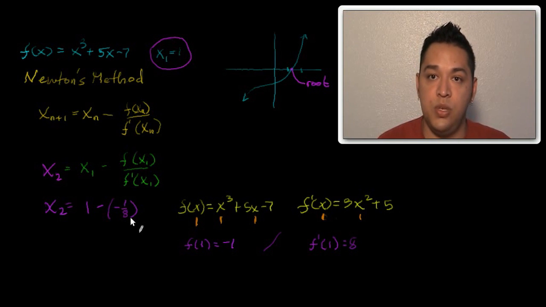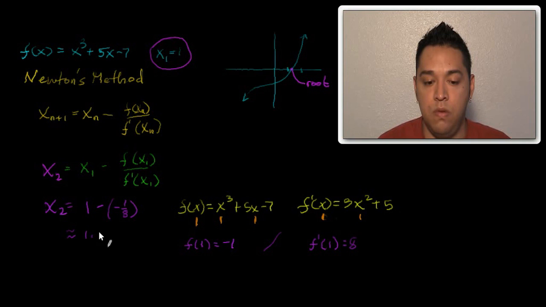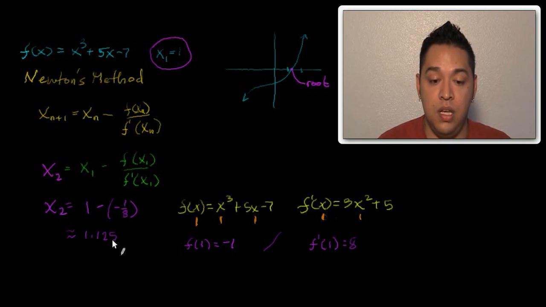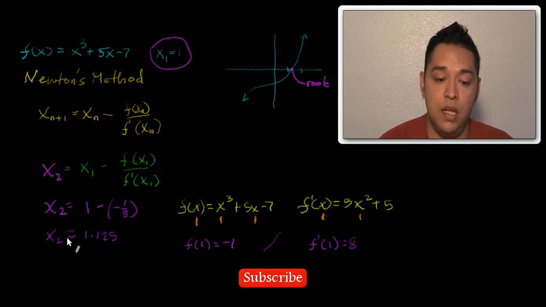Well, if you plug that into the calculator, it approximately becomes 1.125. In fact, it's exactly that, because these would all be zeros. But we'll just say it approximates that, x of 2, because that's what typically happens.